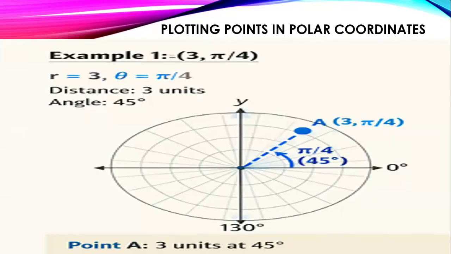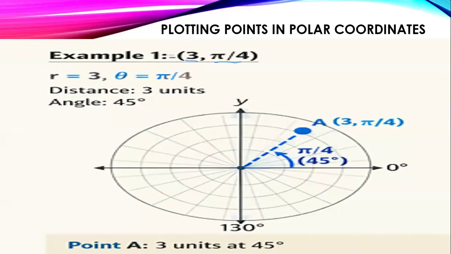Okay, so now we look at plotting points in polar coordinates. I will take you through this as it relates to radians and degrees. You can calculate the angles in degrees and in radians. In this example, let me annotate, our R value is 3, and our angle here is pi divided by 4, pi over 4, and in degrees, that would be 45 degrees.